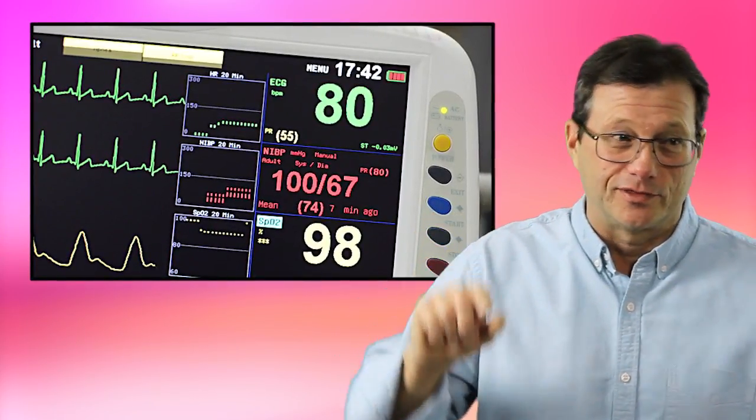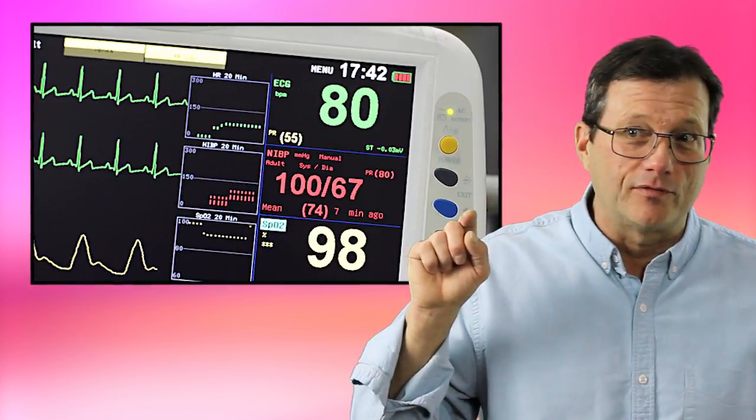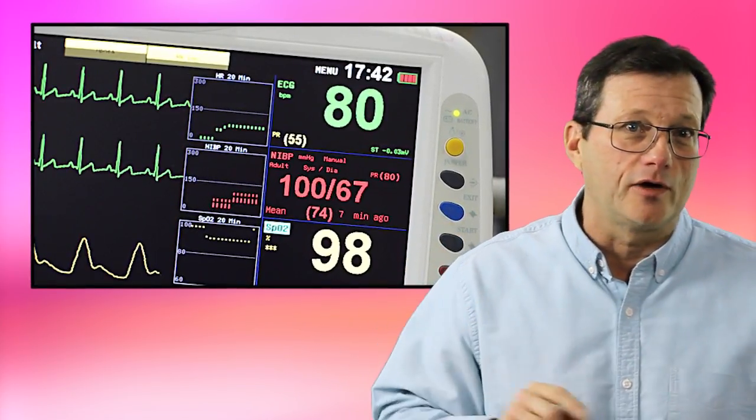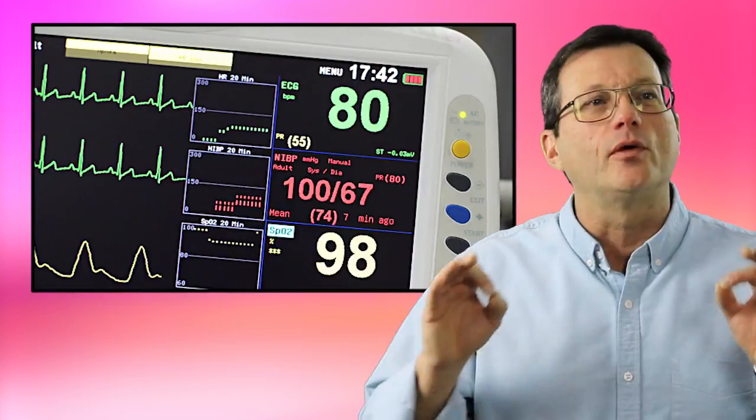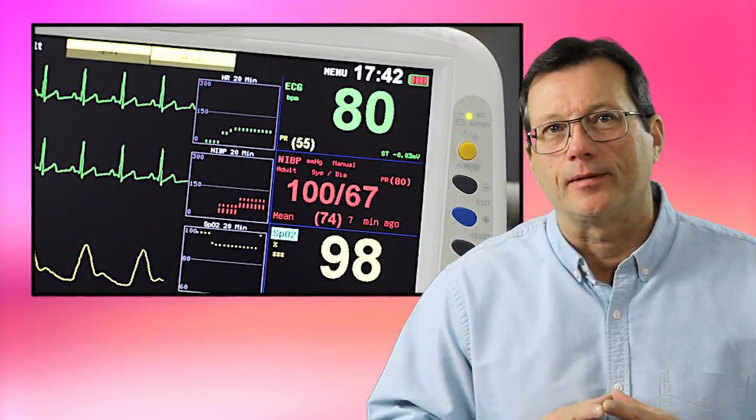Also, if your machine has waveform pulse oximetry, you should be looking at a good arterial waveform. If it's flattened or disrupted or anything but a normal wave pattern, that reading may be inaccurate. So, the probes have to be opposite each other, the pulses have to match, and you should have a good waveform or bar reading on your pulse oximeter to verify that we have an accurate reading.